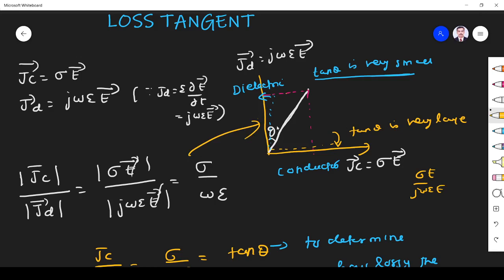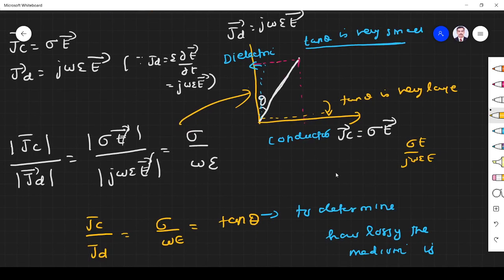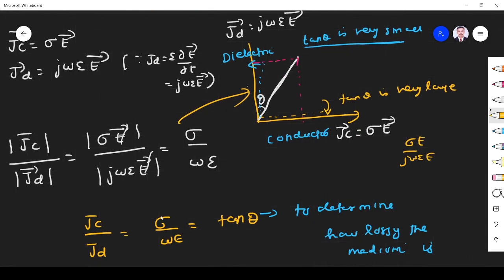You can ask why suddenly JC by JD is tan theta; it is because of this. If theta is very small, tan theta is very small, the material acts as a good dielectric. If it is large, it acts as a good conductor.